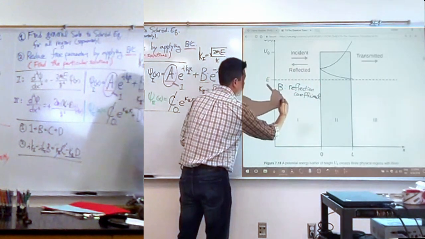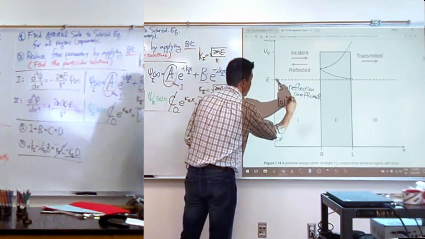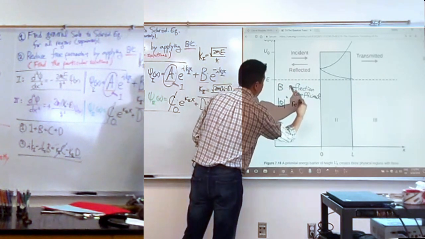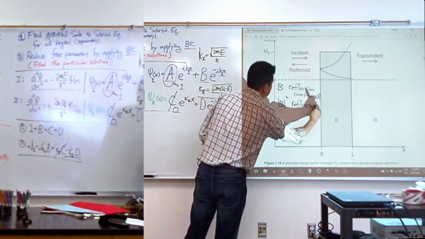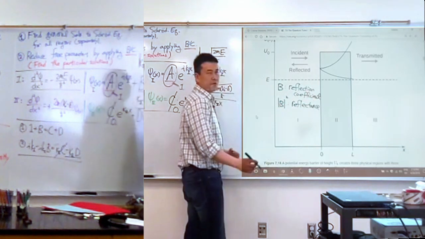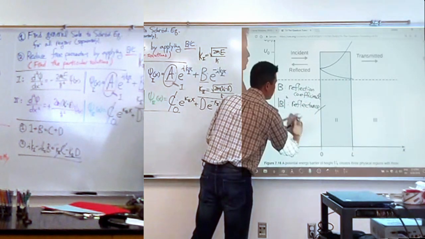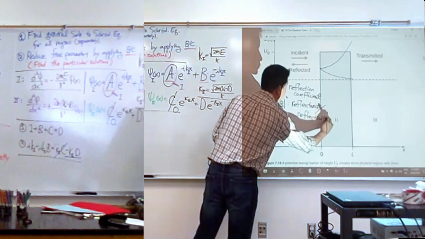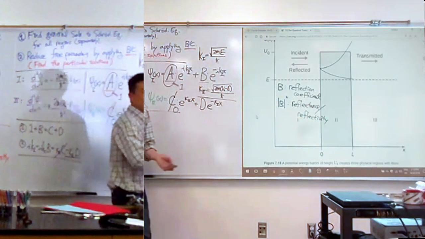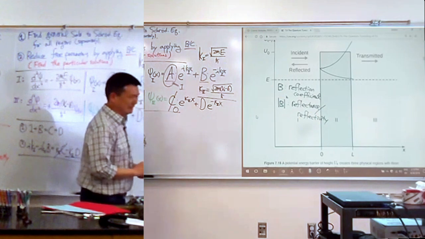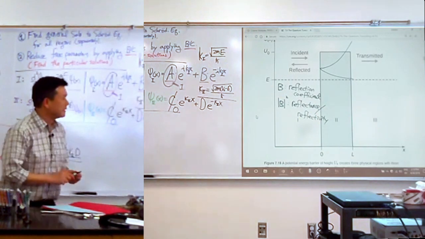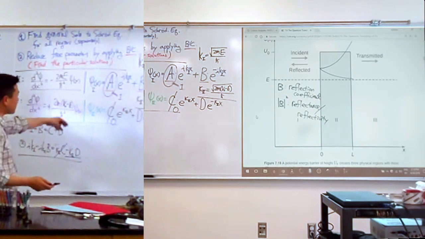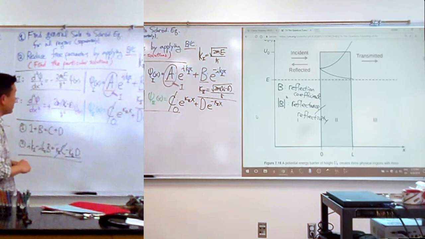And when I calculate B, absolute value squared, this will be reflectance. I was trying to look up the difference between reflectance and reflectivity. Look it up on your own and send me a message if I'm wrong. I think both mean the same thing. Maybe, maybe not. But I'm looking at how much intensity gets reflected.